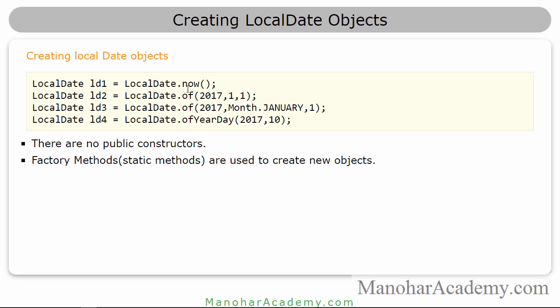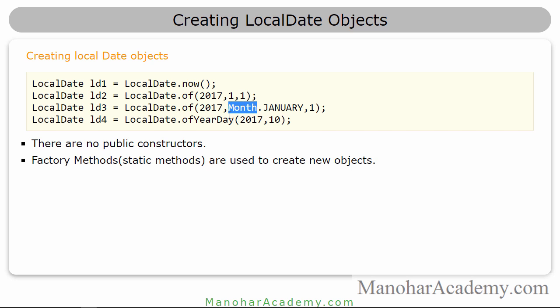For example, when I invoke now, it is going to return the date of today. So if I invoke of 2017 January 1st, it is going to give me 2017 January 1st. Because some people get confused about whether the month January starts with 0 or 1, we have a convenience method that will take Month.January. So here Month is an enum.